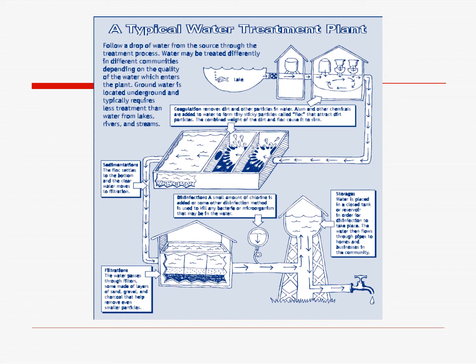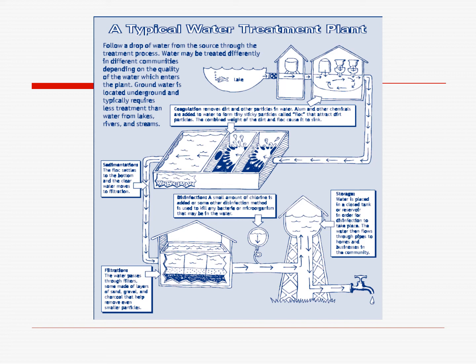It removes dirt and other particles in water. Alum and other chemicals are added to the water to form sticky particles called floc. And then the combined weight of the dirt and the floc causes it to sink. Then I go through my sedimentation tank, and then I go through my filter.